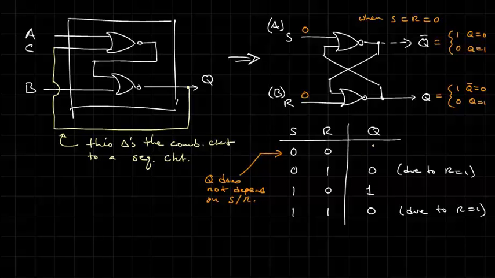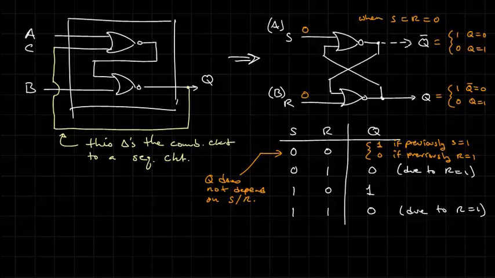If previously S was true and R was false, in other words this case, then Q would be equal to 1. So let me write it this way. It would be 1 if previously S had been equal to 1. And it will be equal to 0 if previously R had been equal to 1.